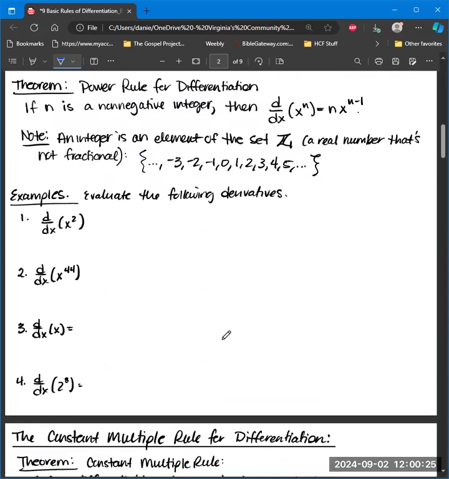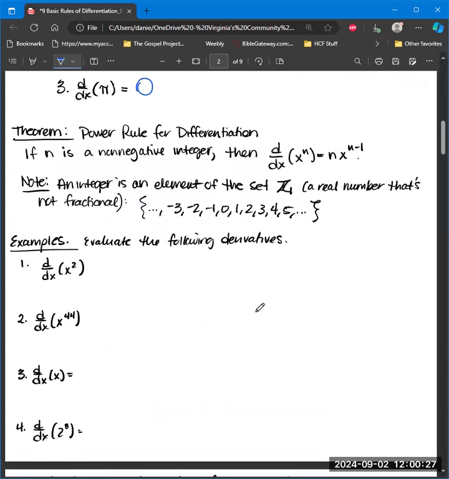Our power rule for differentiation, we're going to start off with whole numbers, non-negative integers, but really we're going to be able to extend that to any real number here in a little bit. We're just going to start off with power functions that we know from polynomials. We already saw last time that when we took the derivative of a 4th degree polynomial, we got a 3rd degree polynomial for a derivative, and that's because of this rule right here.